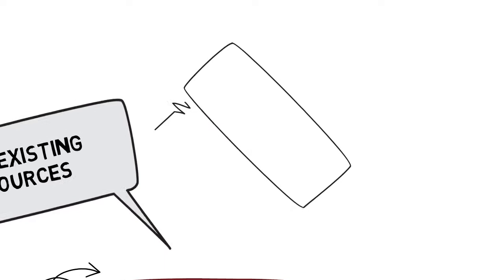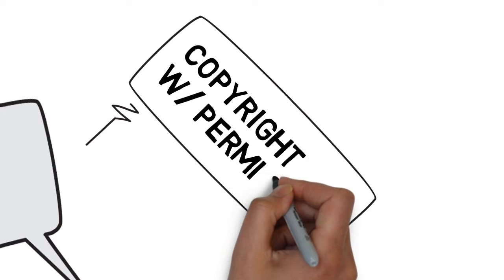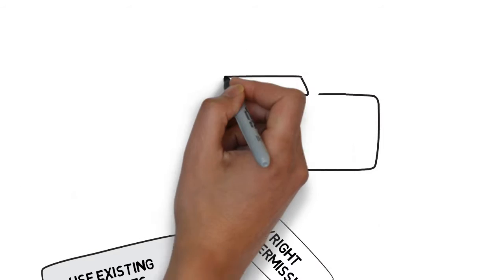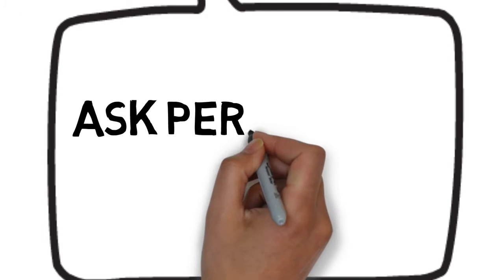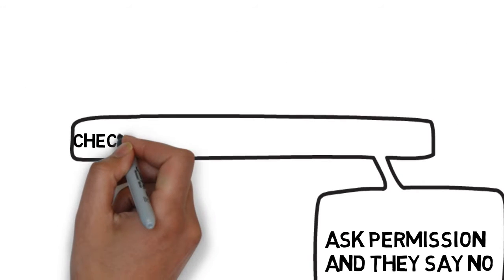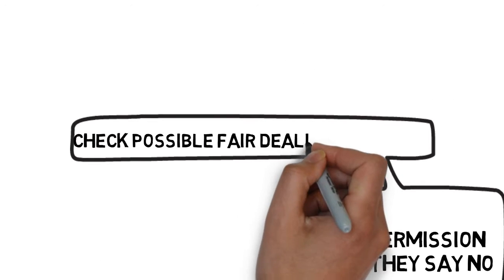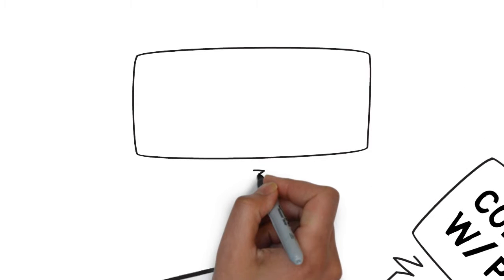Now, copyright is a big part of how we move around on the net, so copyright permission is there. Collegiality is still there. Just simply asking the copyright holder permission via email or some other manner is certainly an option. But if they say no, thanks to some updates in the Modernization Act, we can check for possible fair dealing exemptions.